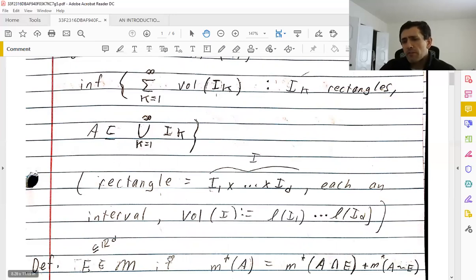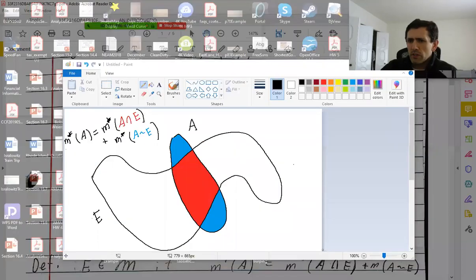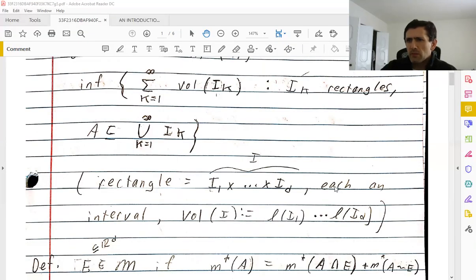E is measurable if for any subset A of R^d, the outer measure of A is the outer measure of A intersect E plus the outer measure of A take away E. As before, the idea is very simply that E is measurable if E cleanly cuts every subset A of R^d, in the sense that you can write the outer measure of A as the outer measure of the red plus the outer measure of the blue.